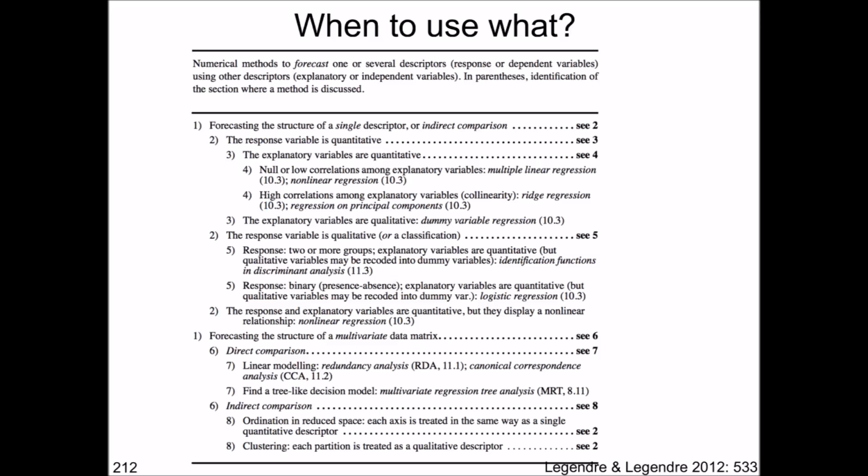The explanatory variables are quantitative here. Then we end up with multiple linear regression analysis, or if you have high correlations, you use principal component regression that we have discussed. Ridge regression is mentioned here, but we have rather focused on the lasso in our treatment in the course.